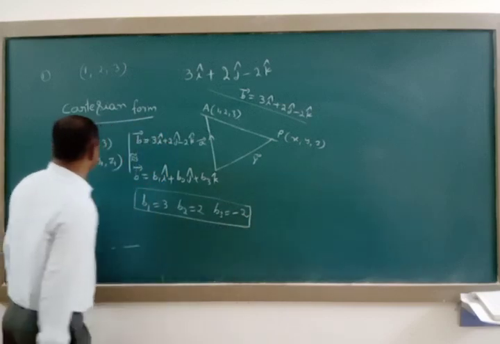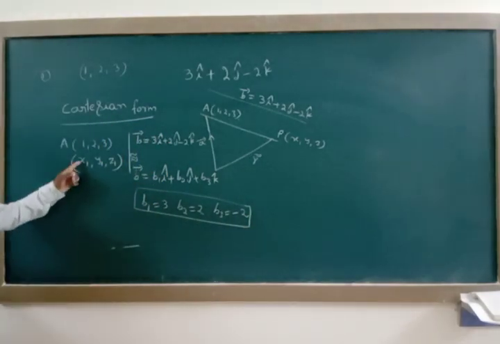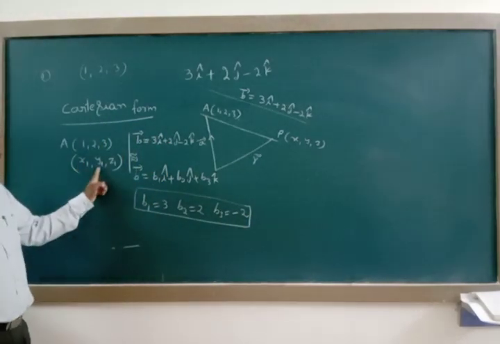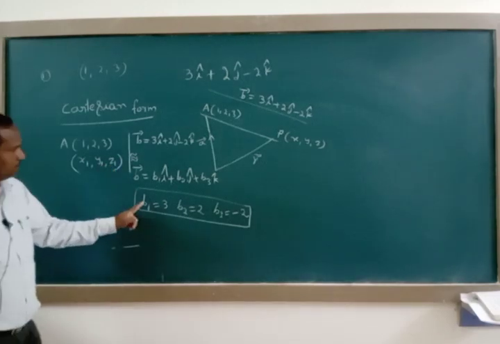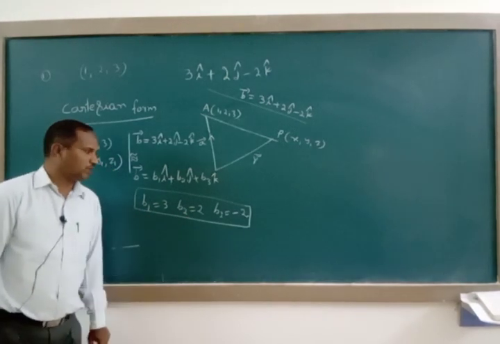Then you substitute all the 6 values: x1, y1, z1, b1, b2, b3.